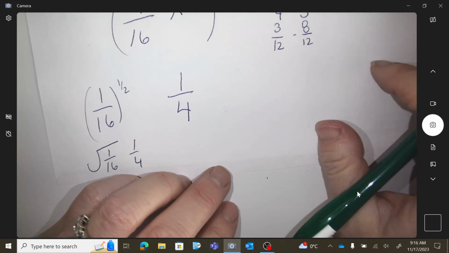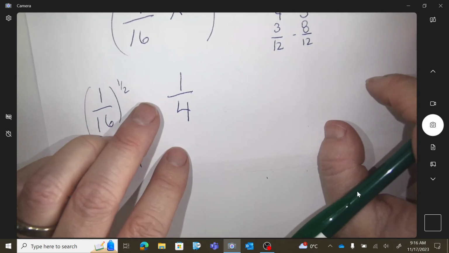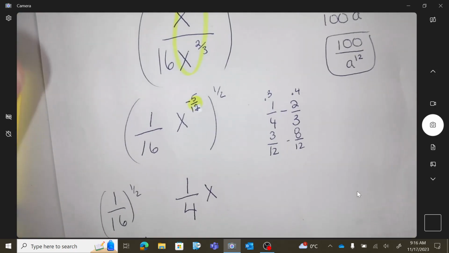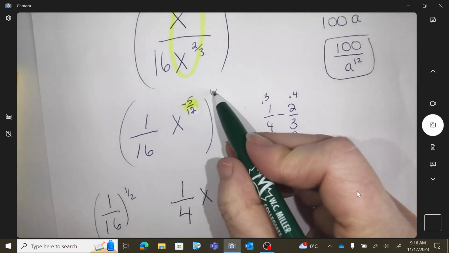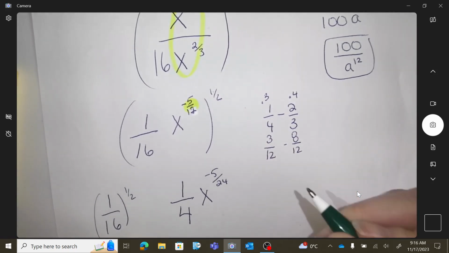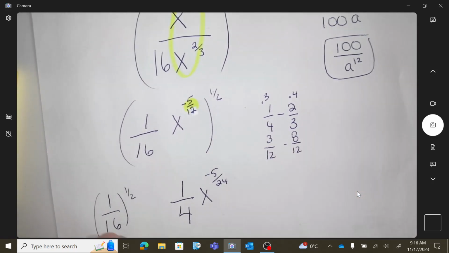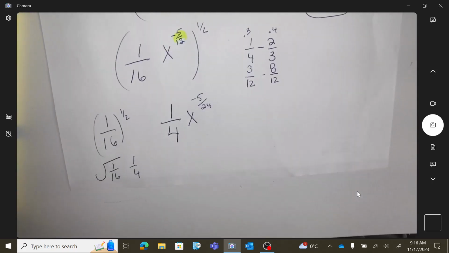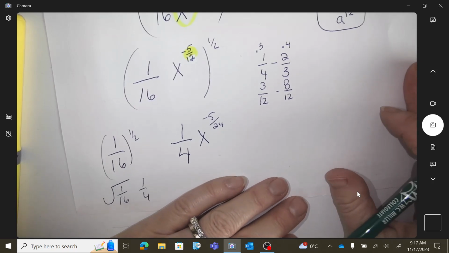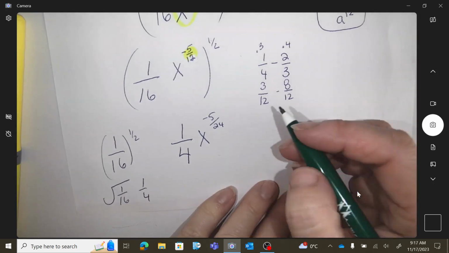So 1/4 is the number, and x to the -5/24. Can't leave it like that though. I'm not allowed to have negative exponents.